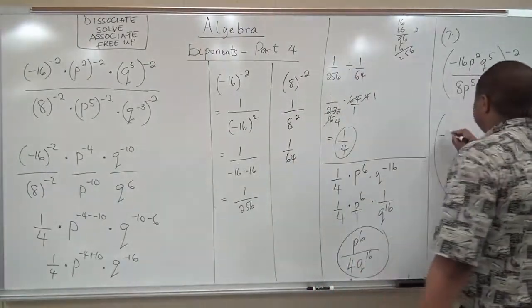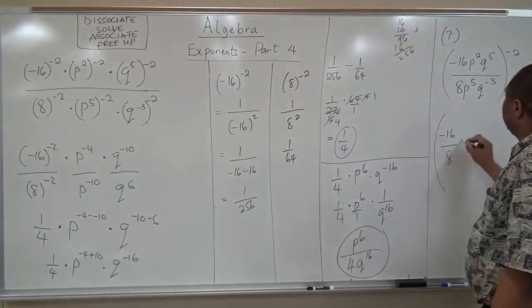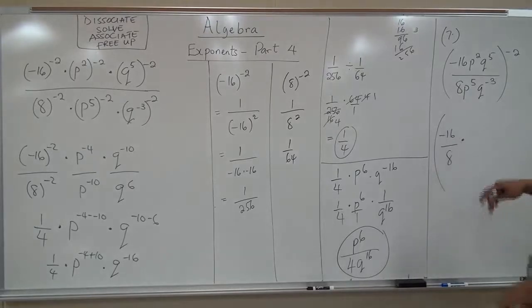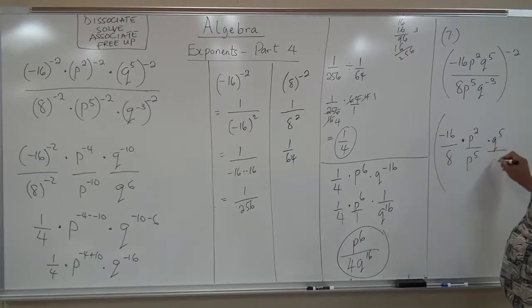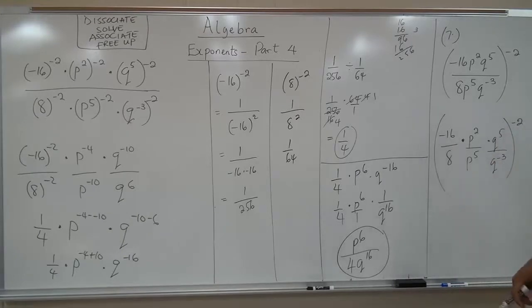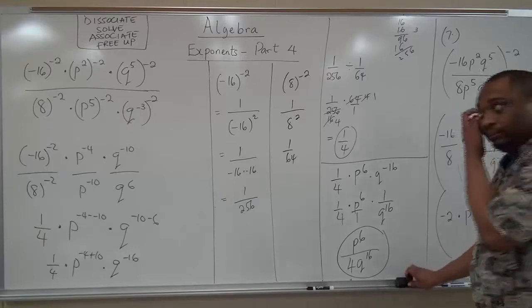So this is negative 16 over 8 times, we want to dissociate, P exponent 2 over P exponent 5 times Q exponent 5 over Q exponent negative 3. Then all exponent negative 2. So this will give us negative 16 divided by 8 is negative 2 times P 2 minus 5 times Q 5 minus 3, all exponent negative 2.